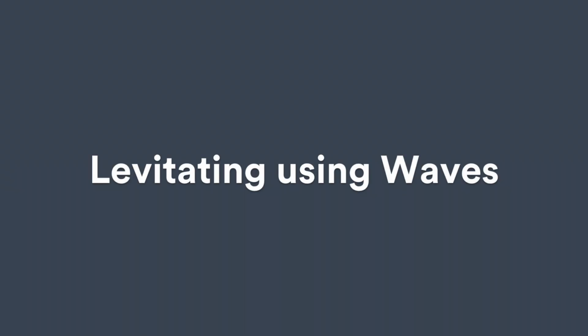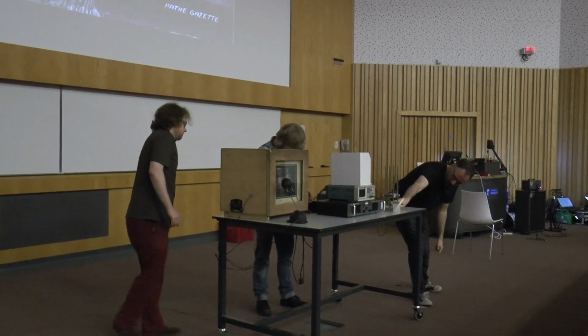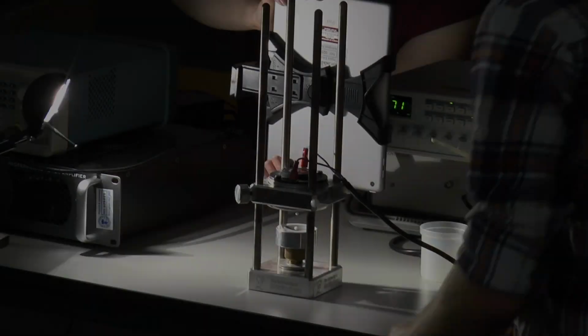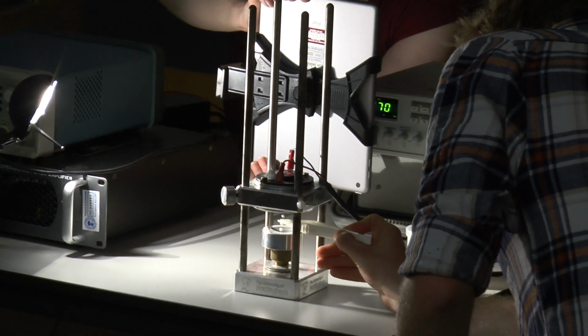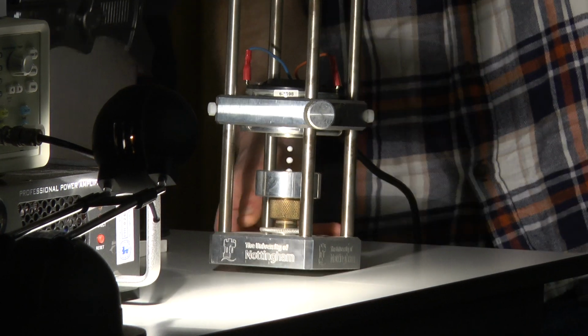Thank you, Denise. And what Alex and Matt are going to do is levitate something with sound. They've got a speaker here, and you won't be able to see the wave this time, but there's going to be a wave set up. Can you see that? They're levitating, they're floating, not moving. And the reason is because between where the balls are, there's a wave.